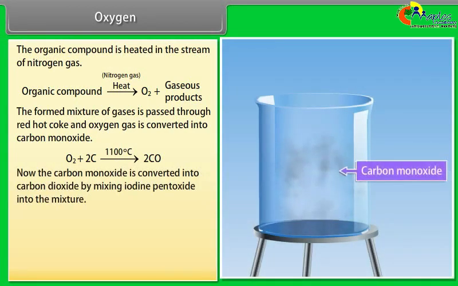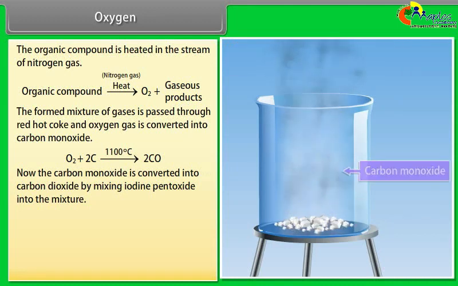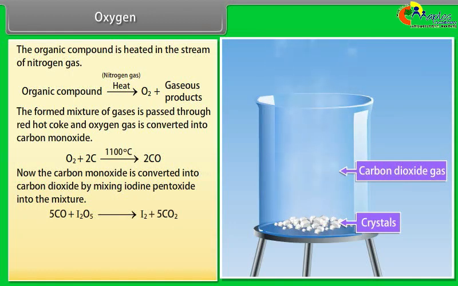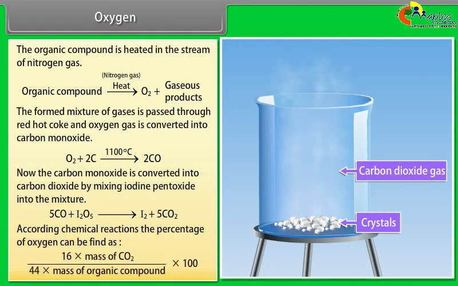Now the carbon monoxide is converted into carbon dioxide by mixing iodine pentoxide into the mixture. According to chemical reactions, the percentage of oxygen can be found as 16 into mass of carbon dioxide divided by 44 into mass of organic compound into 100.